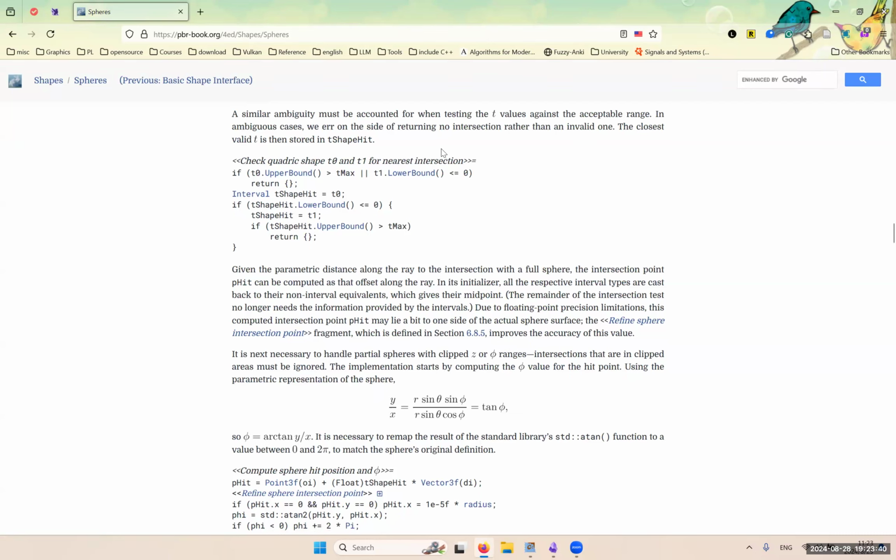When testing the t value against the acceptable range, we also need to test, and in the ambiguous case, we err on the side of returning no intersection.